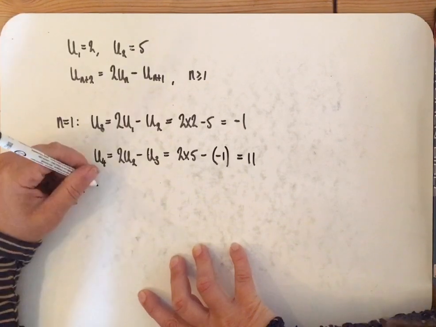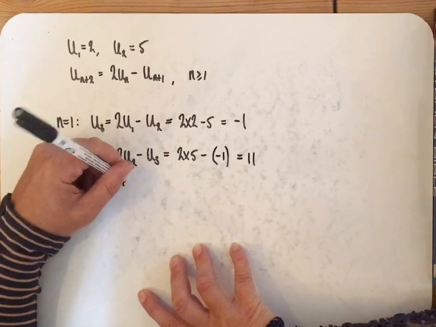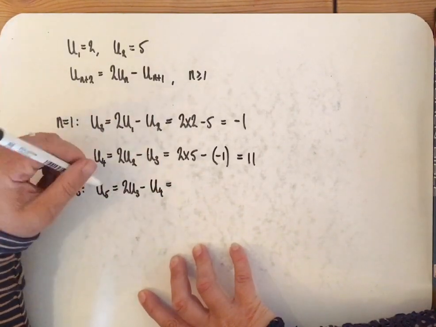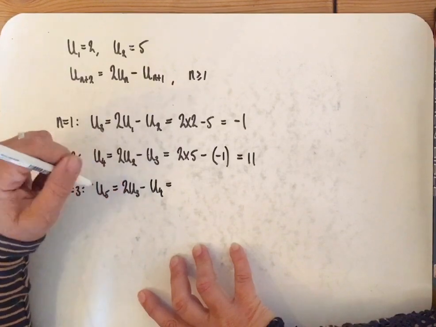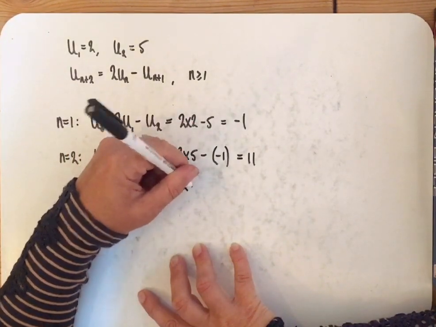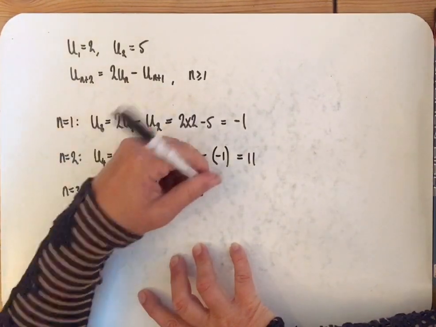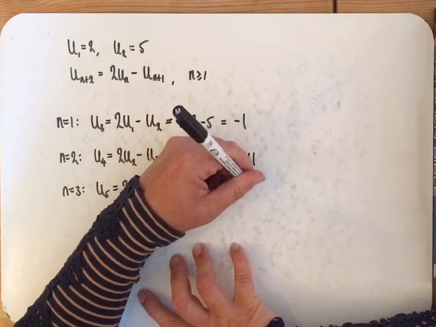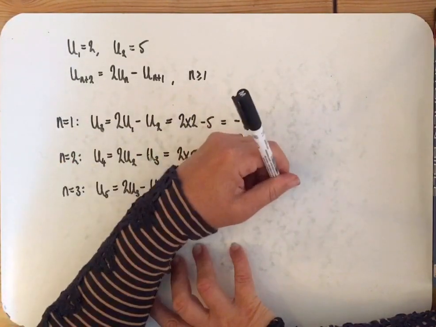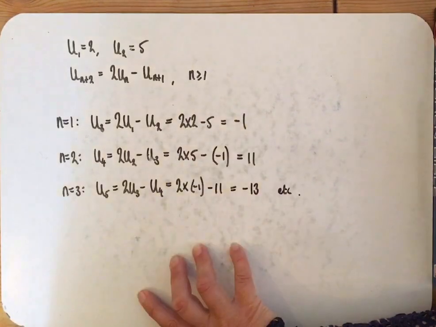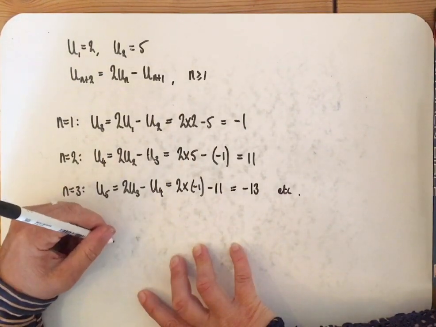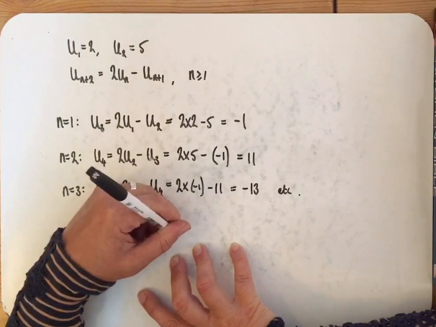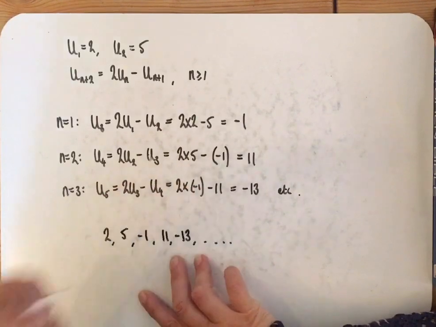And then you should find as you go through these, you get used to it. So I'm just adding one on really to that value as I go. So it's 2 lots of the third term, which is minus 1, minus the fourth term, which is 11, so that gives me minus 13, etc. So that sequence begins 2, 5, minus 1, 11, minus 13, like so.